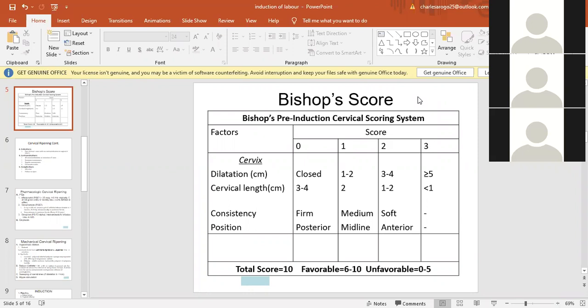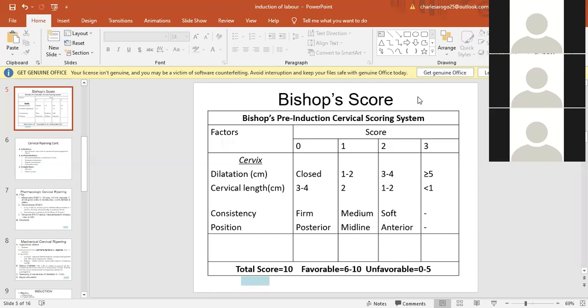Then there is the use of Foley's catheter, which is something that we have also used to dilate the cervix and to also release endogenous prostaglandins, either in ripening or even sometimes in induction.